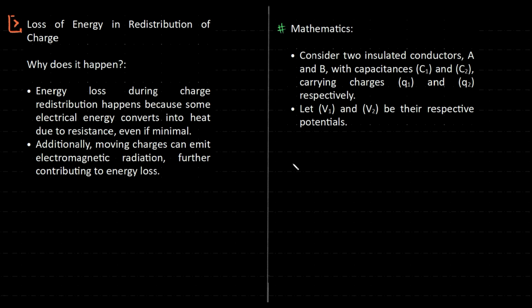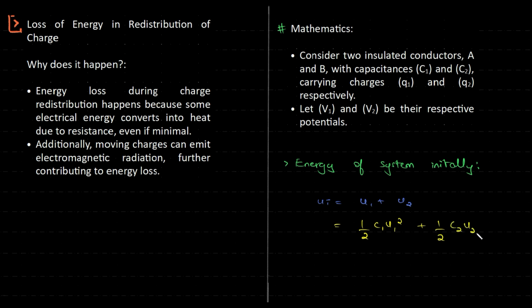Now, first thing is, let's have a look at what is the energy of the system initially. So U initial is equal to U1 plus U2. There are many formulas, many expressions for this, but obviously we'll make use of this. Reason being, the final expression has to be in terms of C1 and V1, C2 and V2.